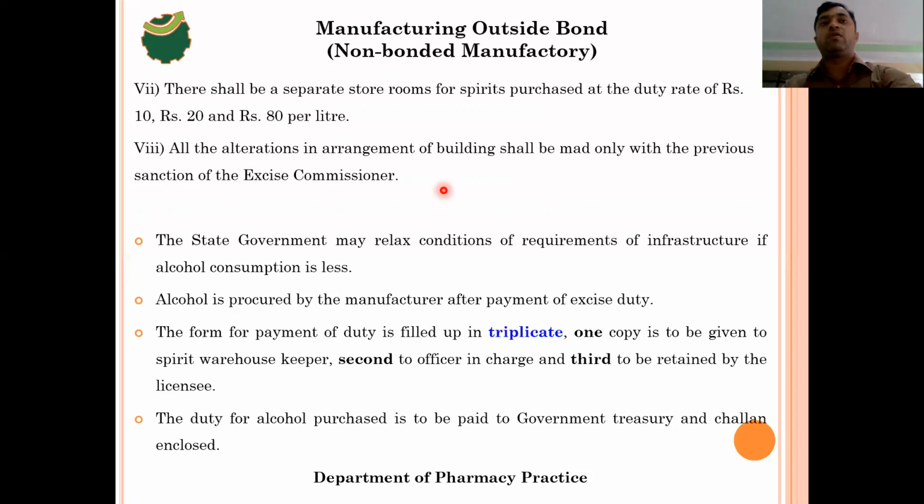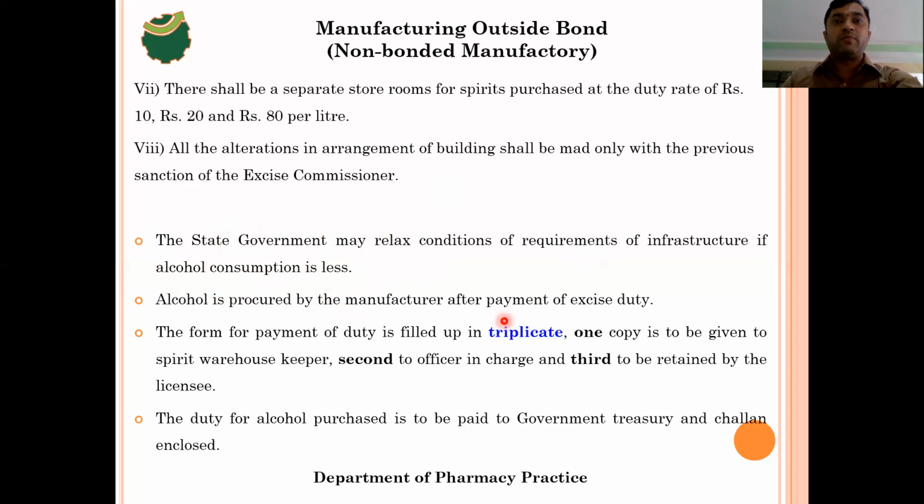So all alterations or arrangements to the building should be made only with the previous sanction of the excise commissioner. For this rectified spirit, the state government may relax the infrastructure requirements if alcohol consumption is less.